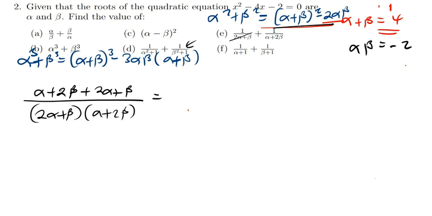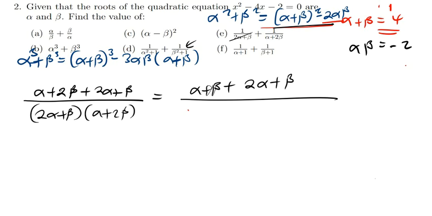So if we are to expand this, what are we going to have? What can I see? I have alpha plus beta, then this one I'll start with also 2 alpha plus beta.